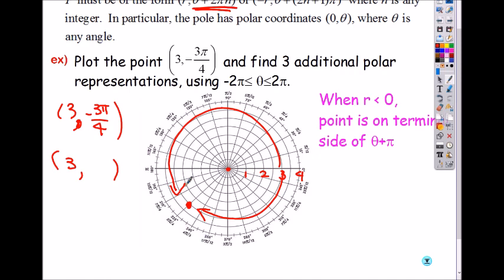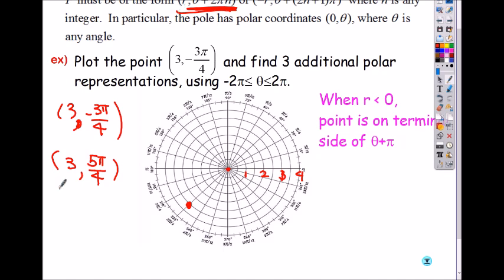And that is what? 5 pi over 4, isn't it? But please don't put those marks because it looks like a circle. We write a different equation for those graphs. So any questions on how I got the second coordinate, which represents the same point? Okay, that's what it means. Add or subtract 2 pi to go from positive to negative, negative to positive.